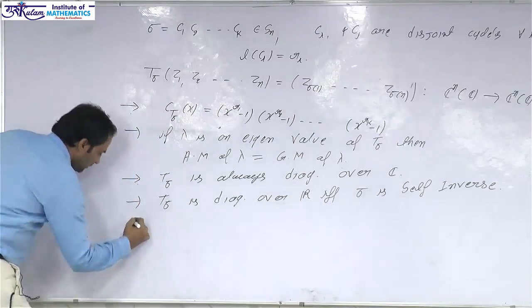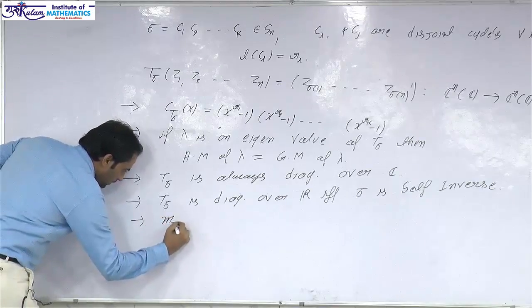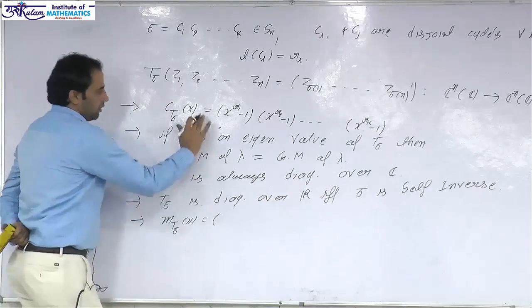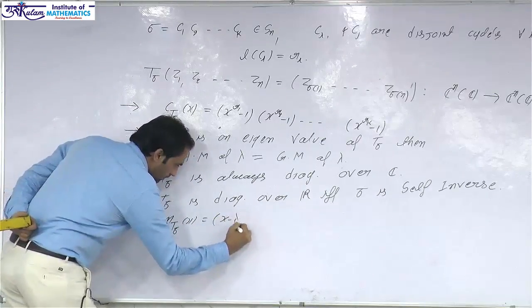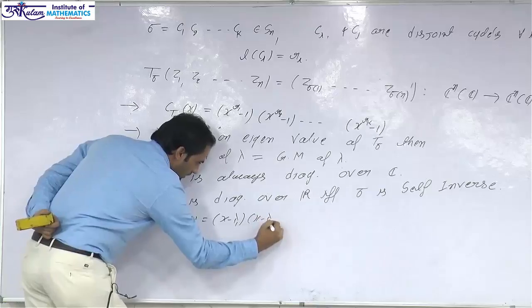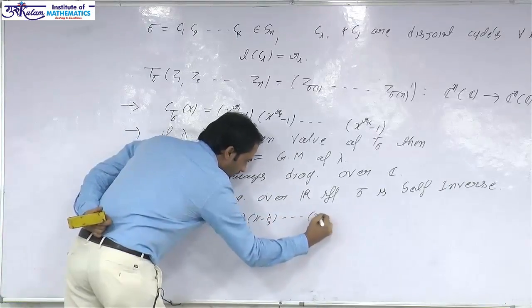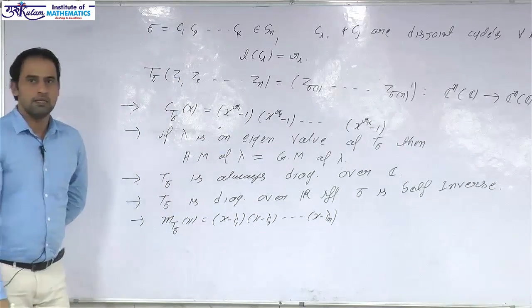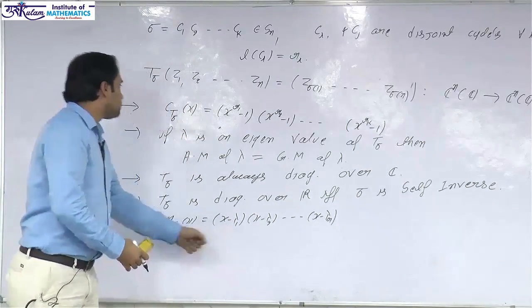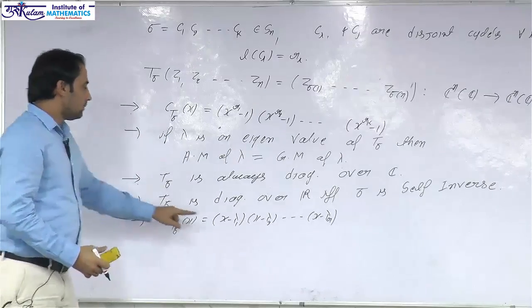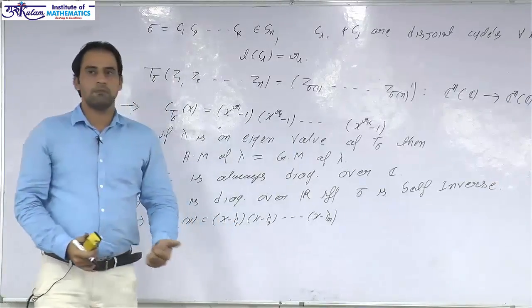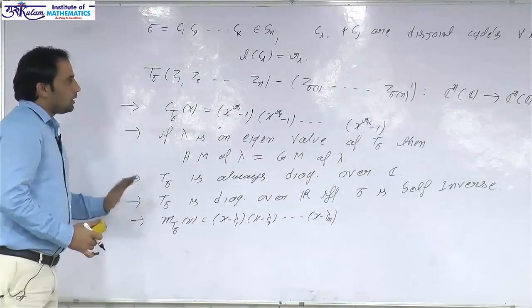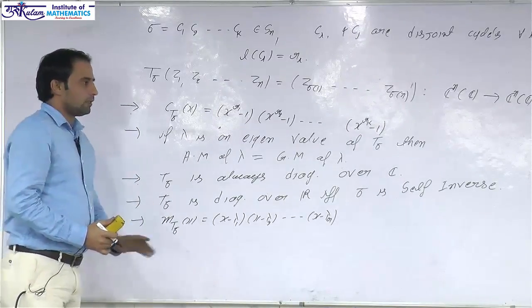So the minimal polynomial M_T sigma(x) is always (x minus lambda 1)(x minus lambda 2)...(x minus lambda r), where lambda 1, lambda 2, ..., lambda r are the distinct eigenvalues of this operator, which are some mth primitive roots of unity. So these are the main properties of this permutation operator.